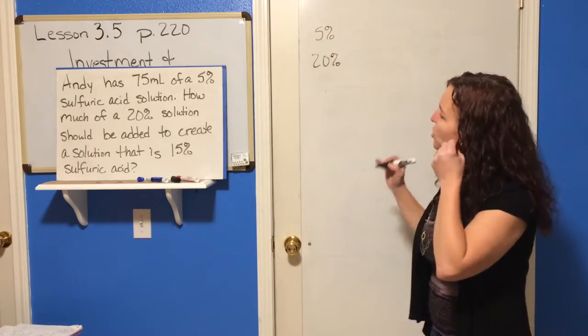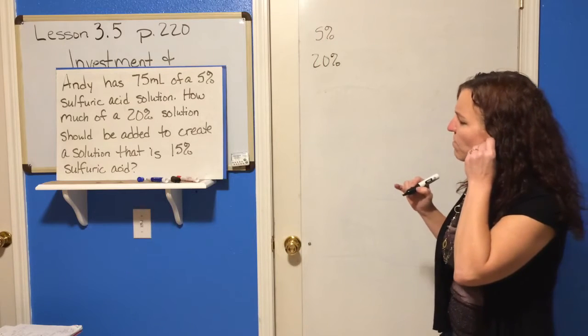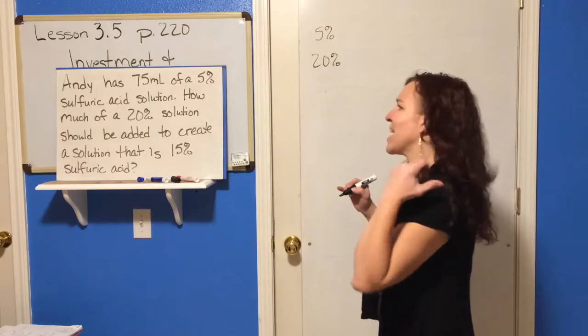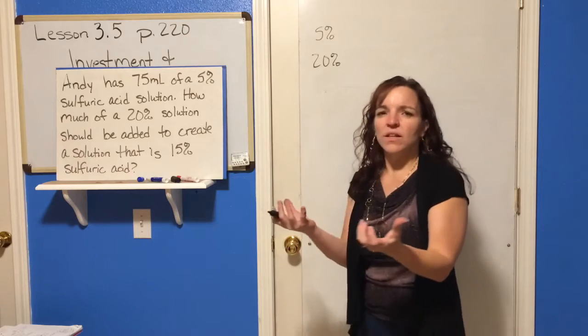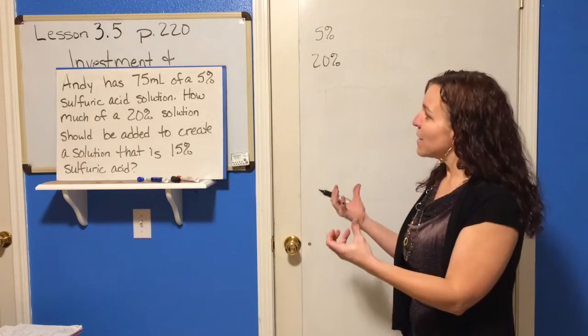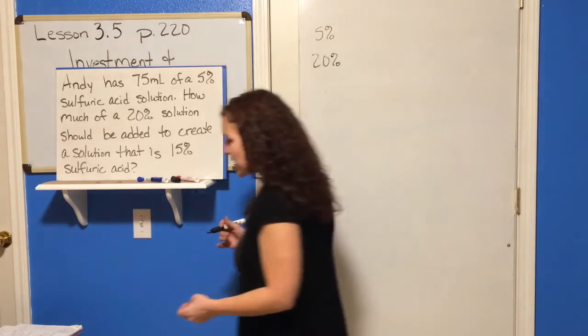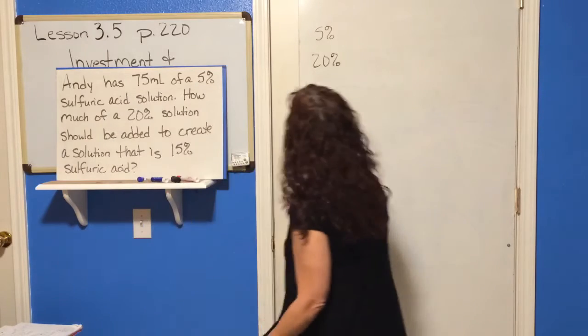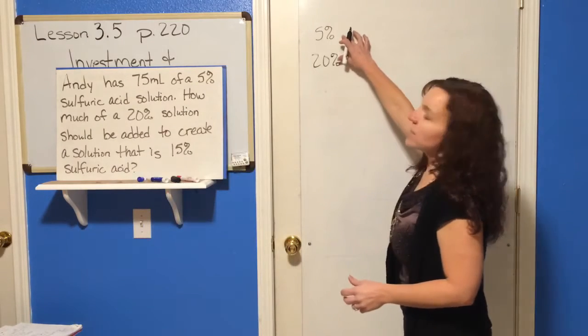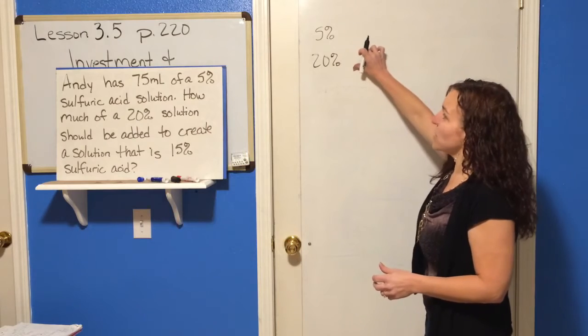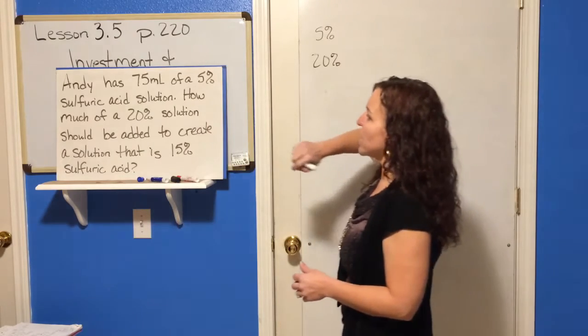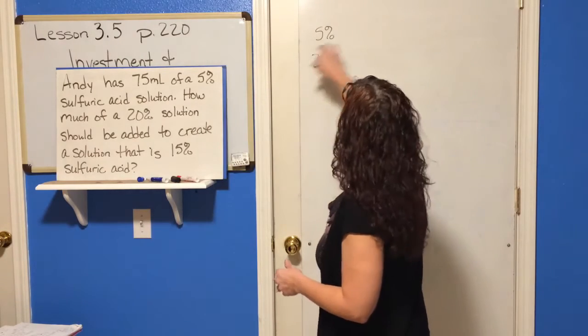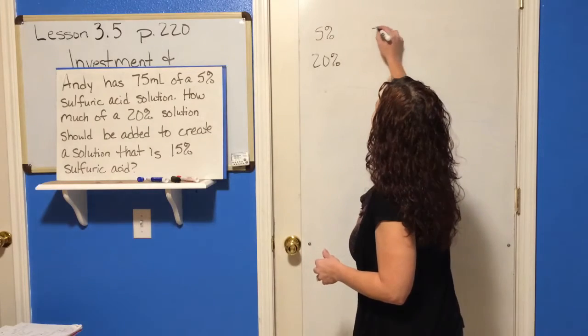We're going to have the amount of the solution times the percent. The 5% solution obviously is 5%, the 20% solution is obviously 20%. We've got 75 milliliters of the 5%.